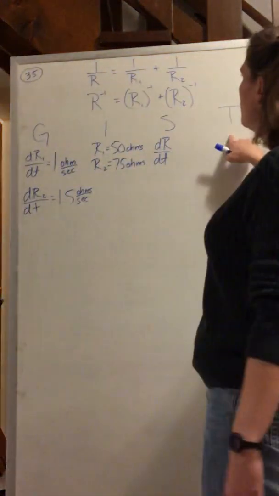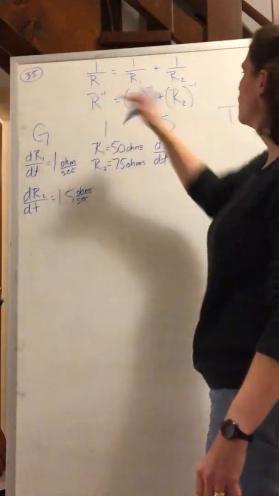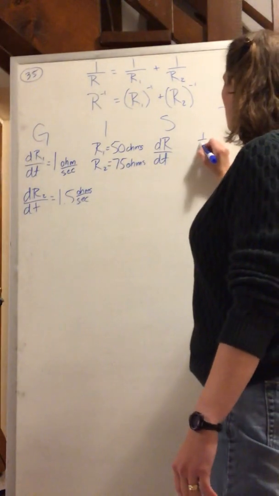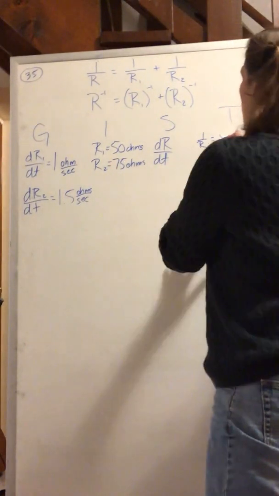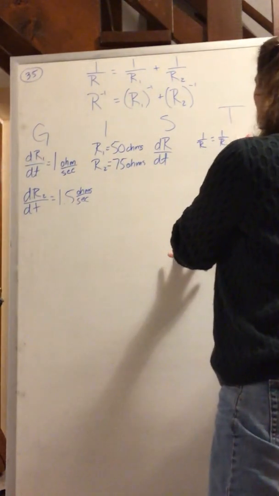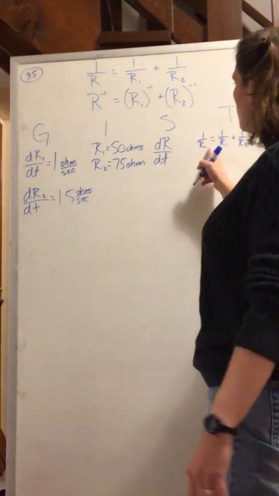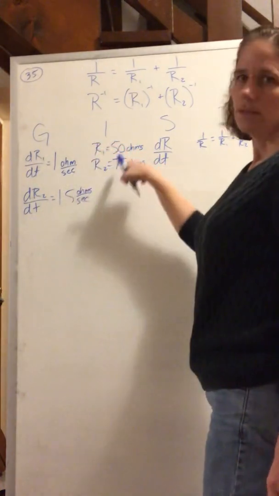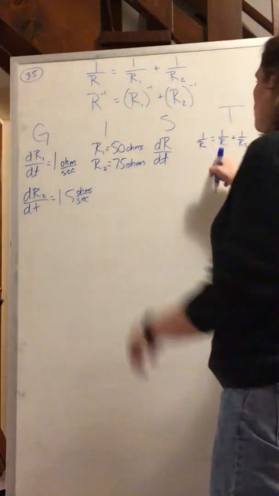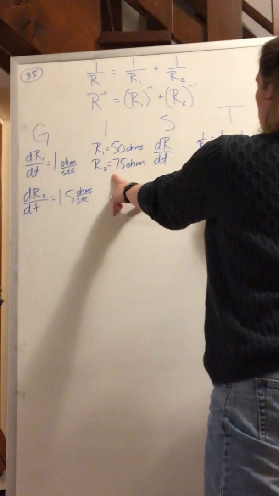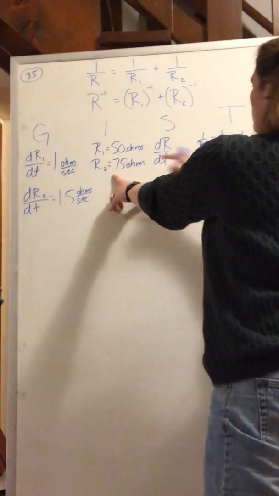Okay. Now, clearly we're going to have to use this formula. So we've got 1 over R is equal to 1 over R sub 1 plus 1 over R sub 2. And we're going to need to know what the total resistance is at this instant. So we're going to use this to solve for R at this instant.